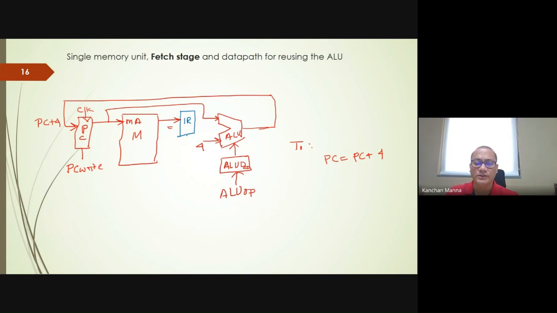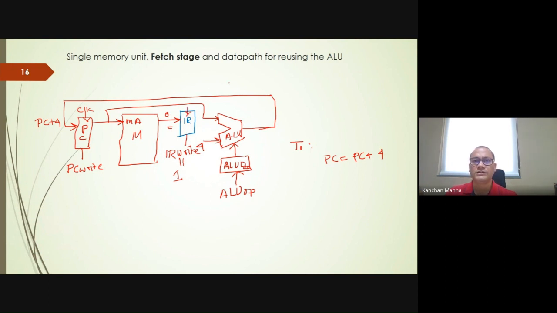And to hold that instruction, we also have an enable input, which is called IR write. If we make it 1, then only that instruction will come from this point into this register. And also we have the clock.